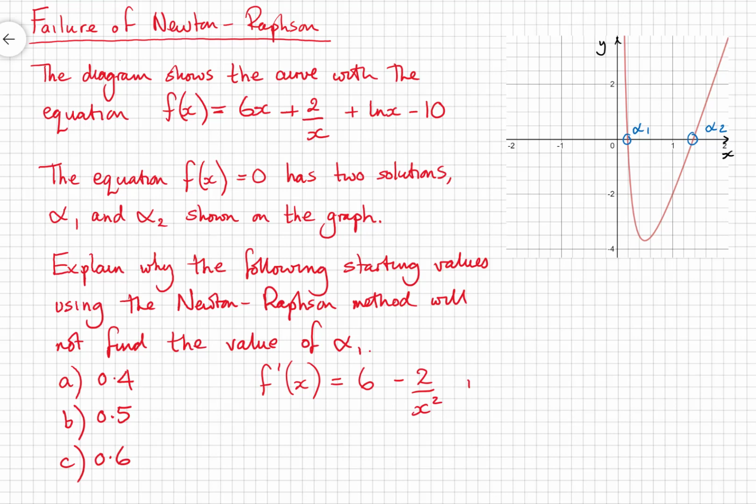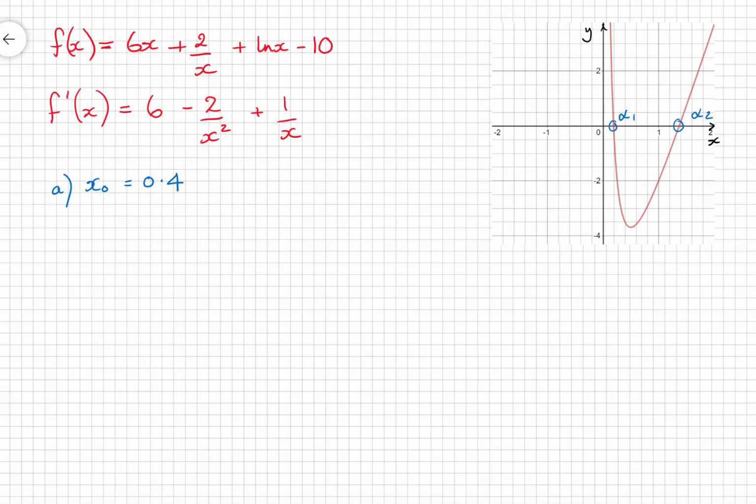The derivative of ln x is 1 over x, and 10, of course, has nothing by way of derivative. And so that's what we're going to be using in our use of Newton-Raphson with our starting values. Our first value to try then is 0.4.